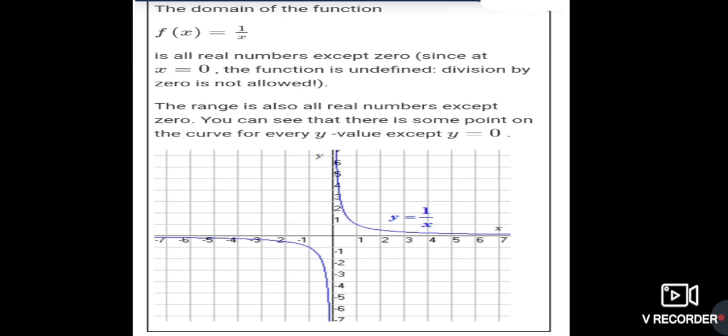Division by 0 is not allowed. The range is also all real numbers except 0. You can see that there is some point on the curve for every y value except y = 0. So this is the table you can see.